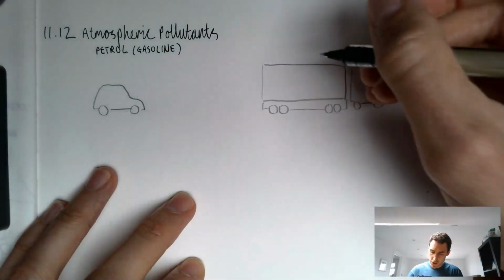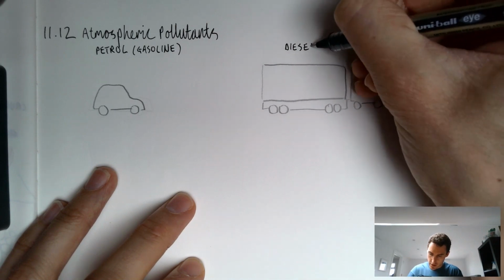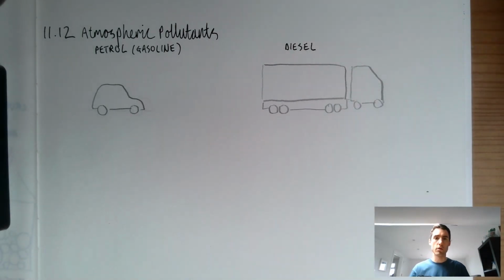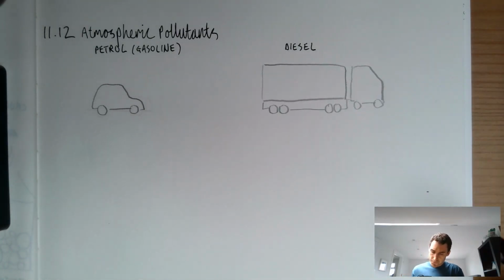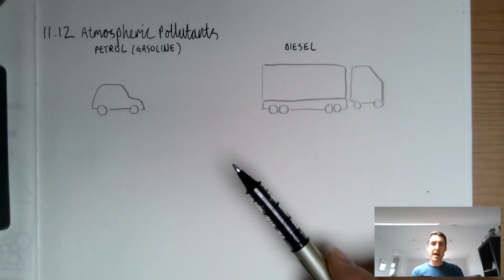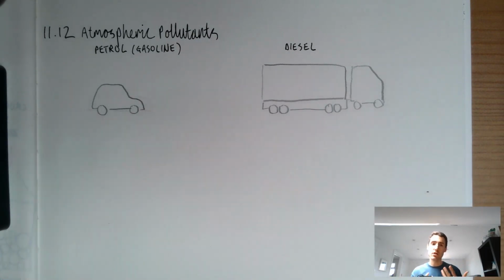So we've got a petrol engine here and a diesel engine here, a big chunky diesel engine with lots of torque to get that lorry moving with all its load. And what we want to do is compare what's going on with petrol and diesel engines to give students a sense of why Sadiq Khan and others who support ULEZ are trying to get diesel engines off the roads in London.